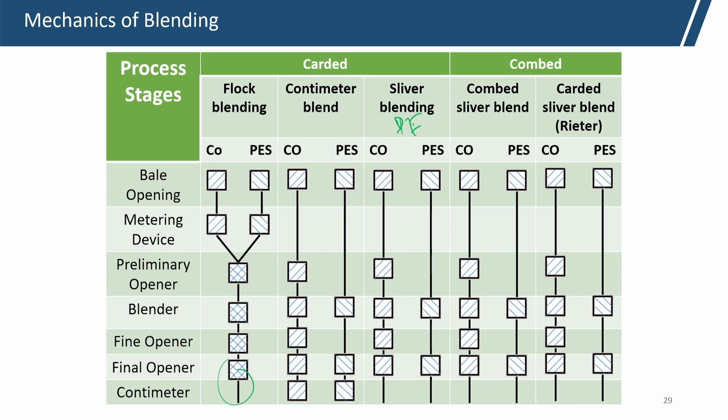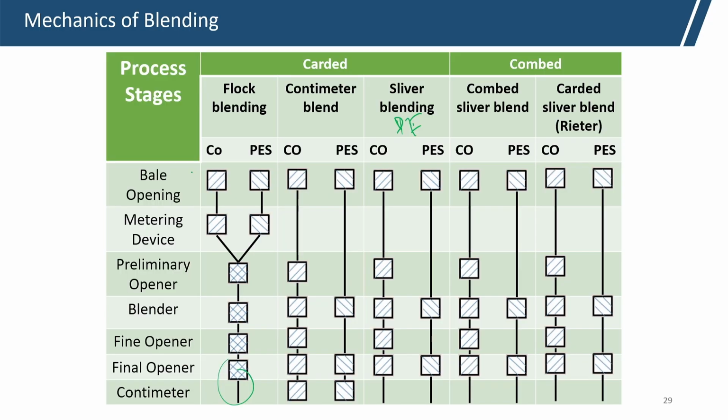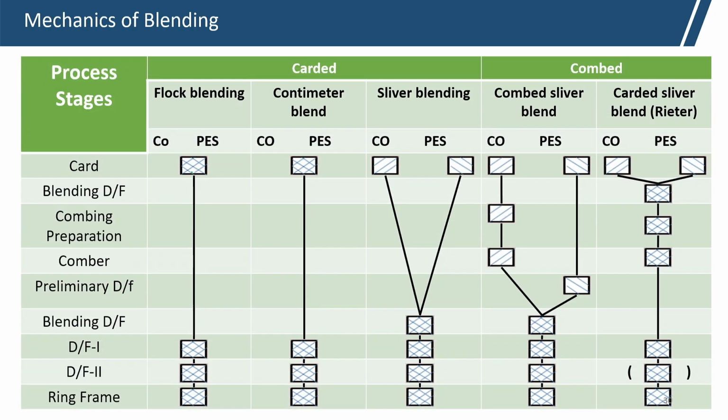So, the next picture will be a continuation of this. Now, the process stage, carded, you can see that it goes to a contimeter, it is just before carding, going to the final opener, then here the carding will be there, and after carding, polyester cotton, it is after the contimeter, it is blended. Both fibers are there in the carding, which is shown by the crossing.